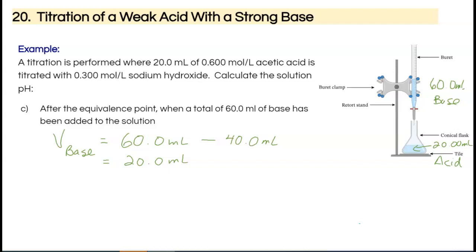Okay, so let me jot this down. This is the neutralization, or I should say that's your equivalence point value.